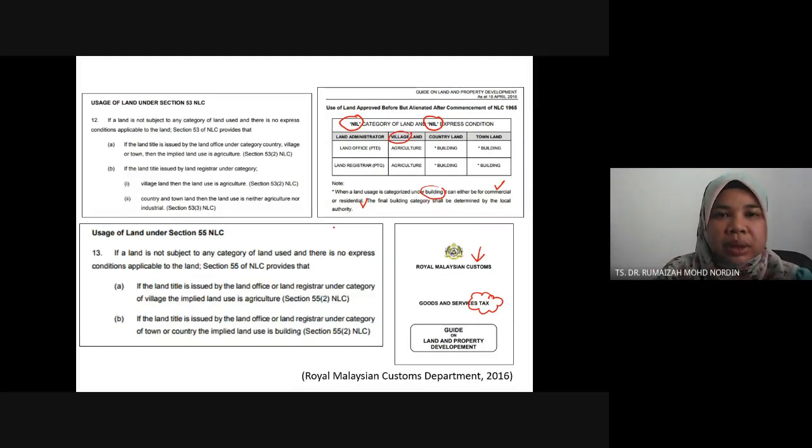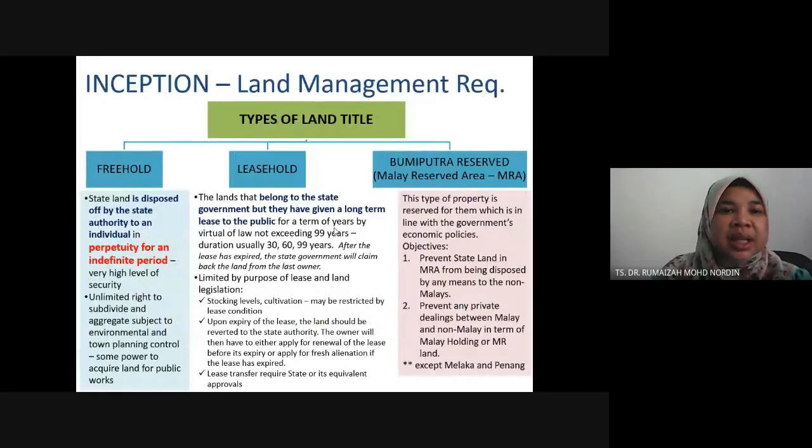Okay, so ini adalah antara type of land. Tadi kita dah tengok freehold, leasehold. I mentioned just now, freehold ni it's yours forever, indefinite period. And then unlimited right to subdivide ataupun nak tukar condition, semua boleh because it's yours. Alright. However, berbeza dengan leasehold, so the land is actually belong to the government, but it has been leased to the public for up to 99 years. Alright, and it is limited purpose of lease.